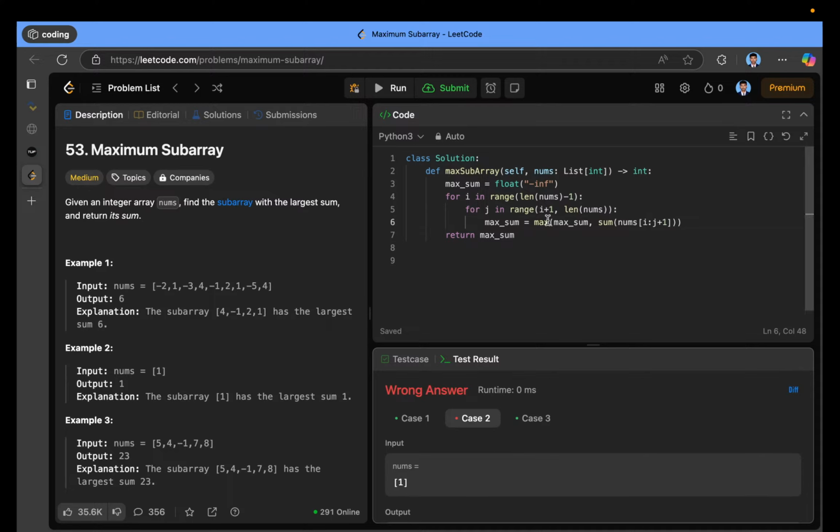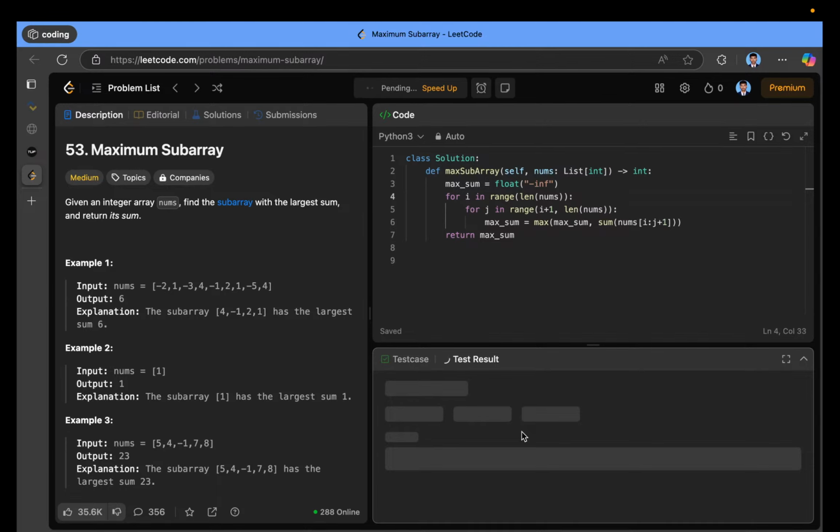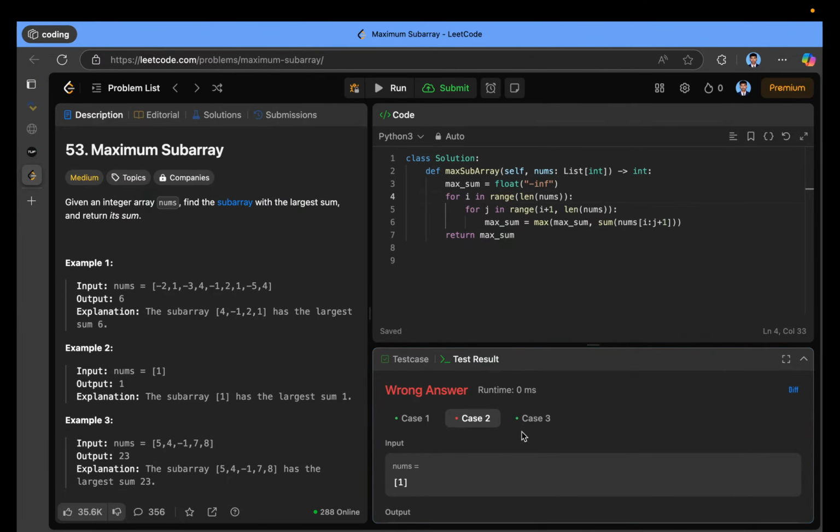Okay, let's do this again. If n is one, then i should be zero, and then j should be one.